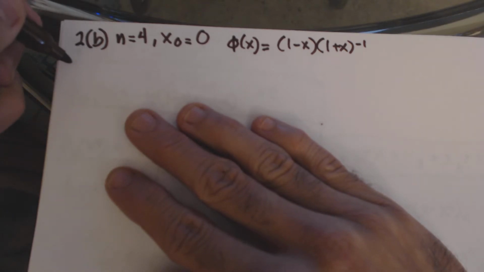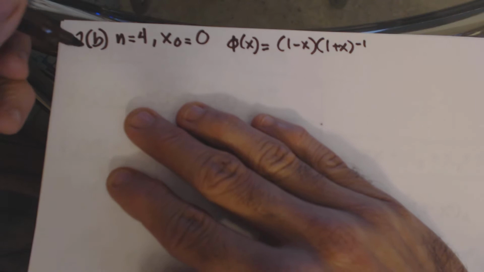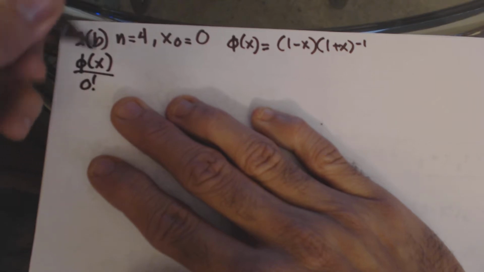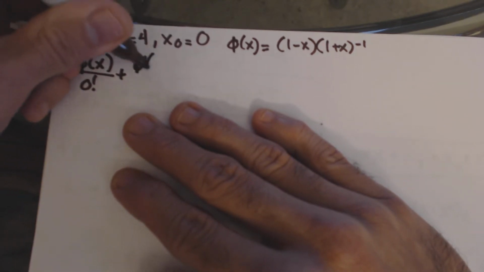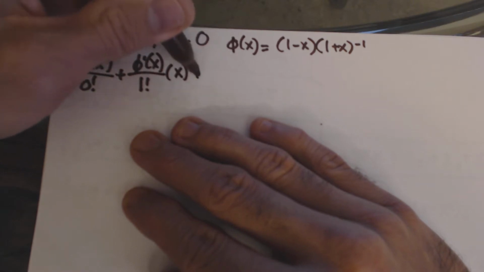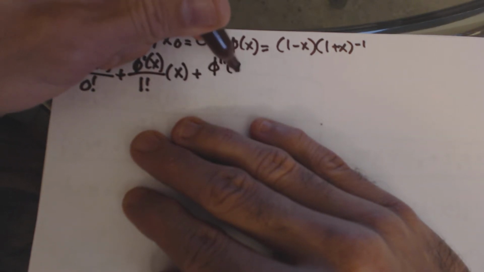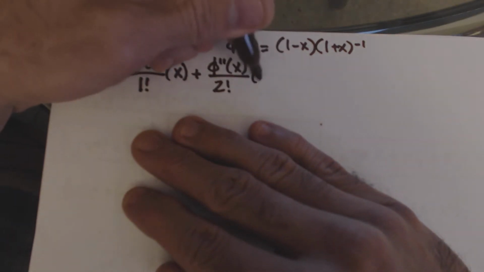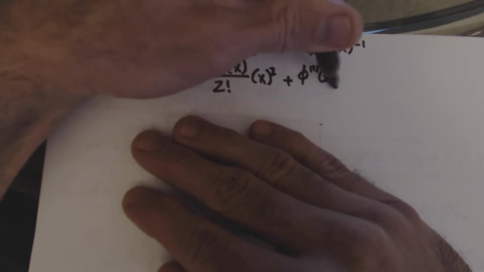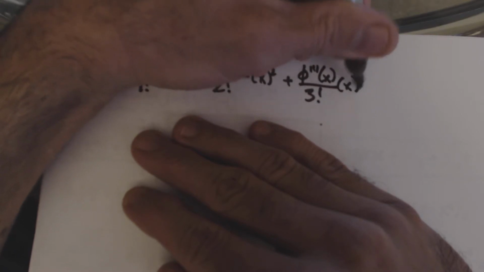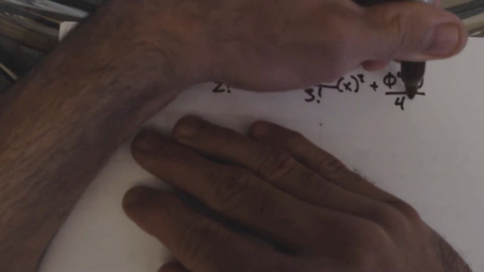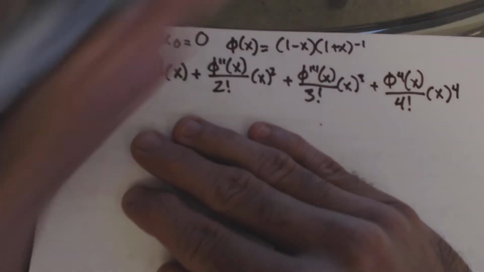So again, we're going to have the first 5 terms, which are going to be the function itself over 0 factorial, which is 1, plus the first derivative of the function over 1 factorial times x, plus the second derivative of the function over 2 factorial times x squared, plus the third derivative of the function over 3 factorial times x cubed, plus the fourth derivative of the function over 4 factorial times x to the 4th power.